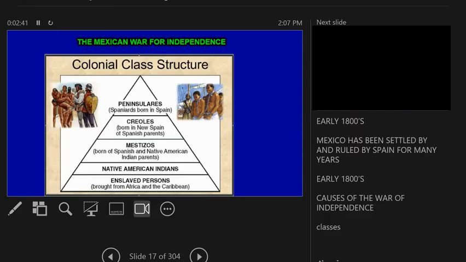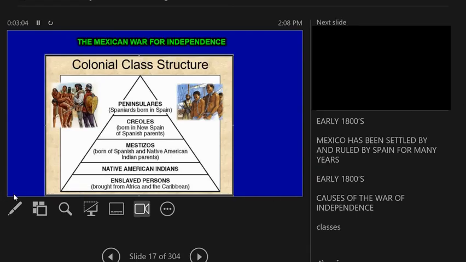They rise up against the Spaniards that are living there. There's lots of reasons for the War for Independence, but one of the main reasons is the classes of people.